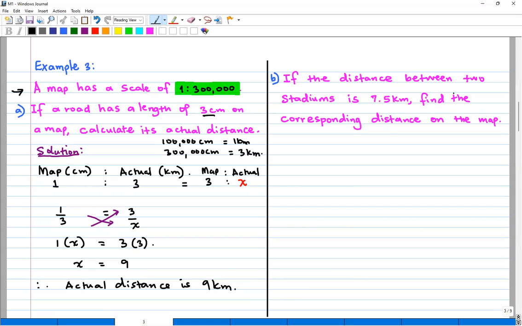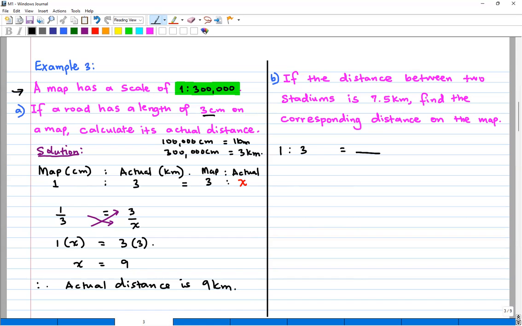Now, if the distance between 2 stadiums is 7.5 kilometers, find the corresponding distance on the map. Remember, our scale on the map is 1 to 3. And this equals, if the distance between 2 stadiums, the actual distance, is 7.5 kilometers.